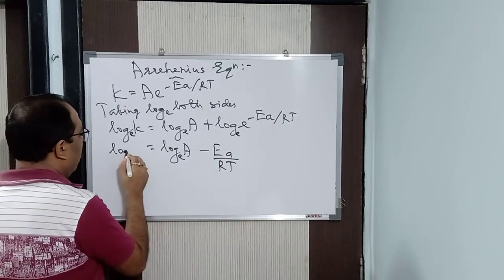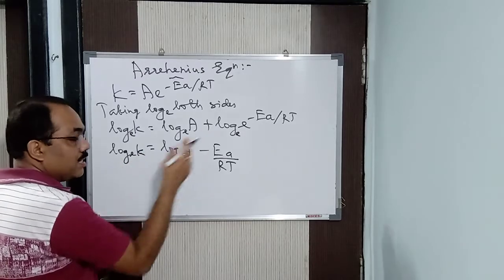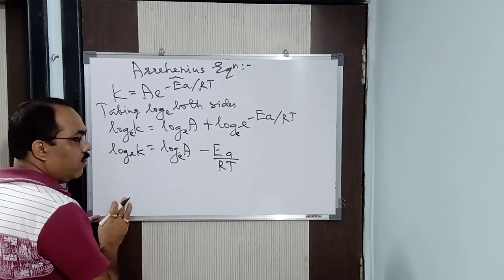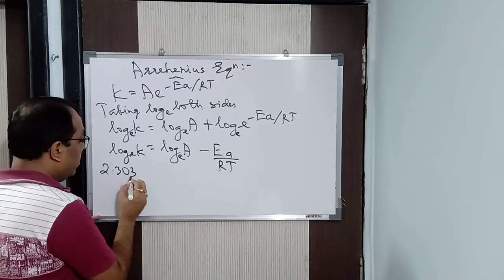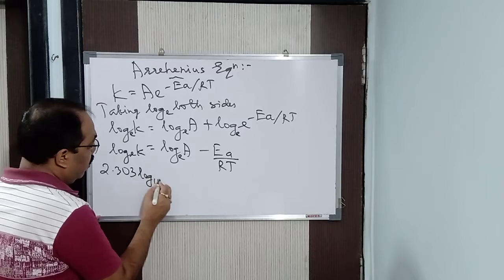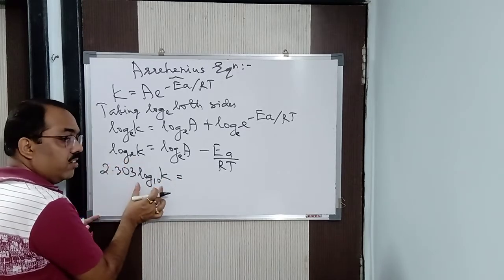Fine. Now I need to convert log base e to log base 10. You know that to convert log base e to log base 10, I have to multiply by 2.303. So 2.303 log base 10 of k. This is your natural log; I converted it into a common log.